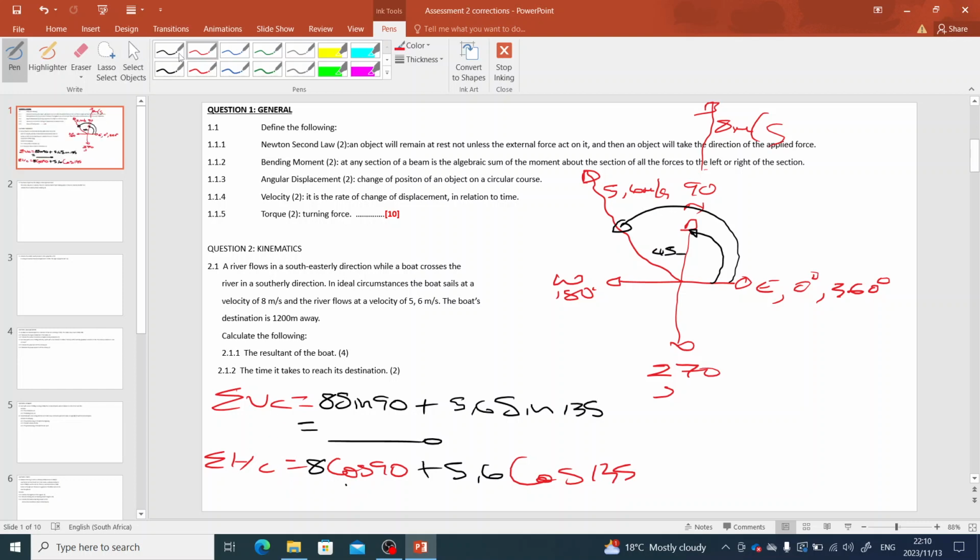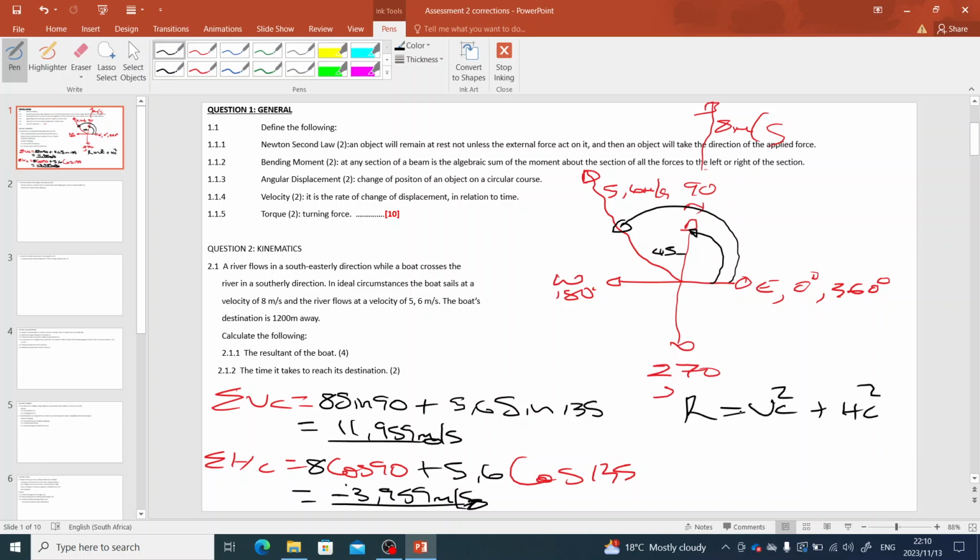Then in calculating our vertical component, we get our answer as 11,959 meters per second. And our horizontal component, we get it as negative 3,959 meters per second.